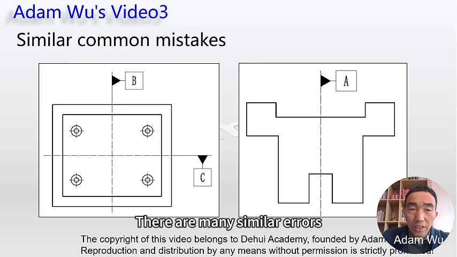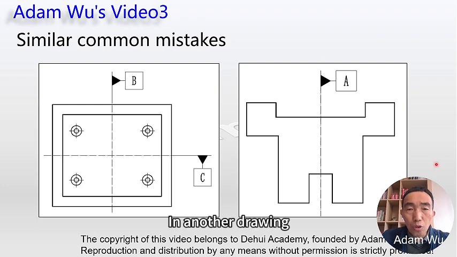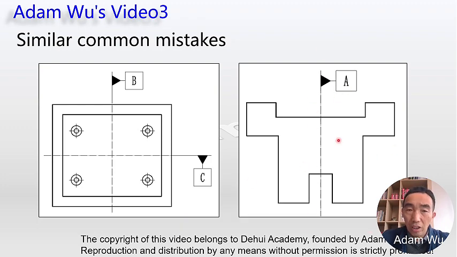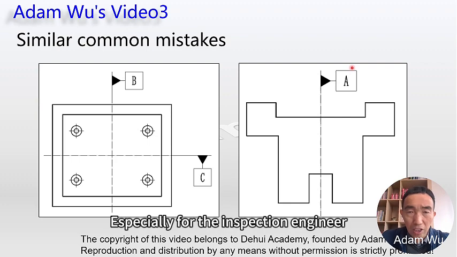There are many similar errors. For example, in this drawing, datum B and datum C are assigned to the center line. In a larger drawing, datum A is assigned to the symmetry line. These annotations are incorrect, especially for the inspection engineer.